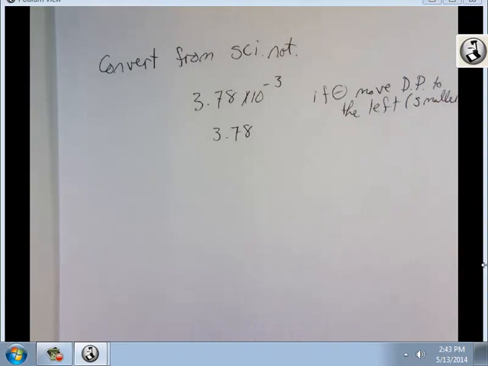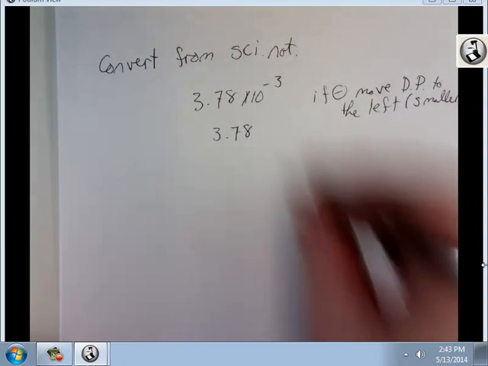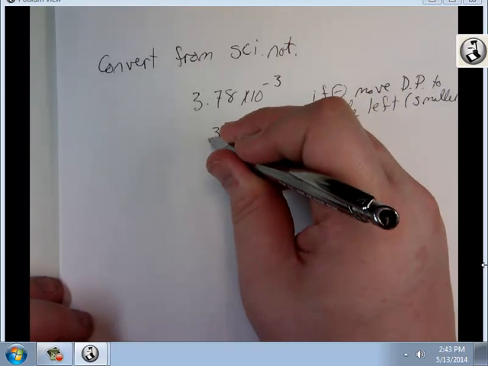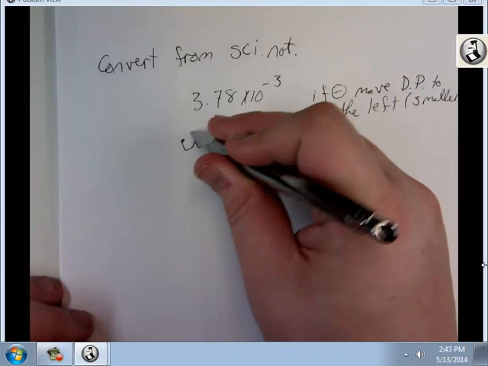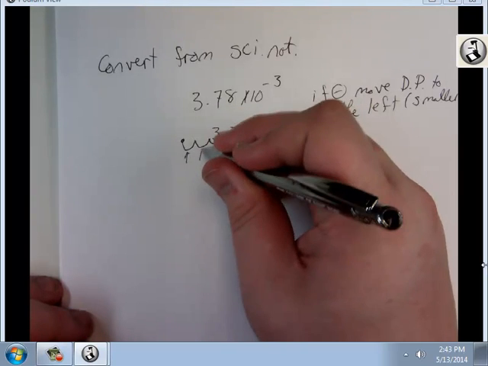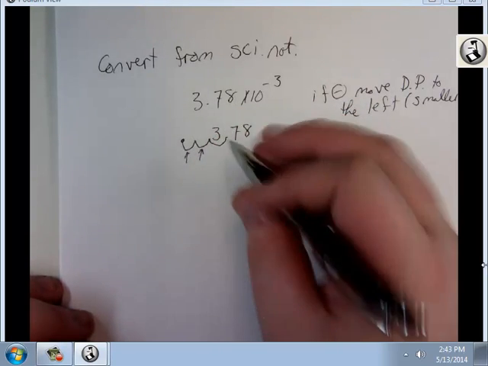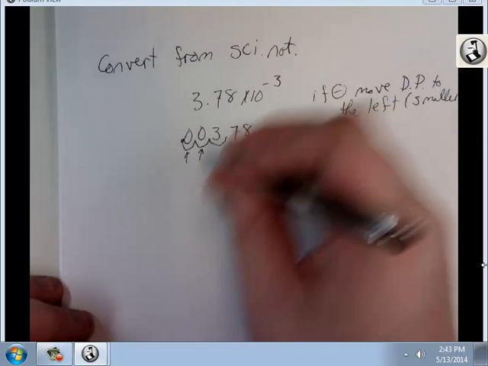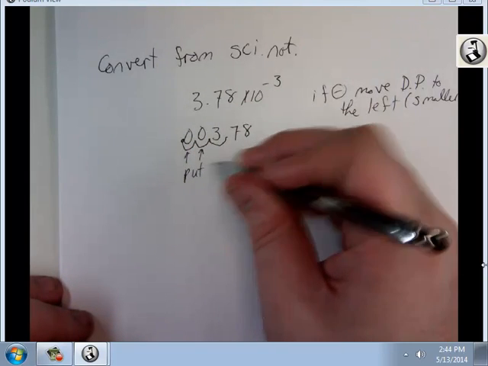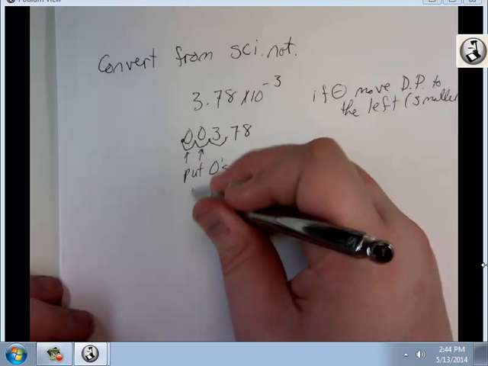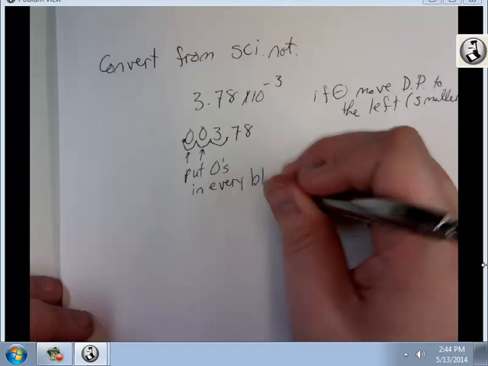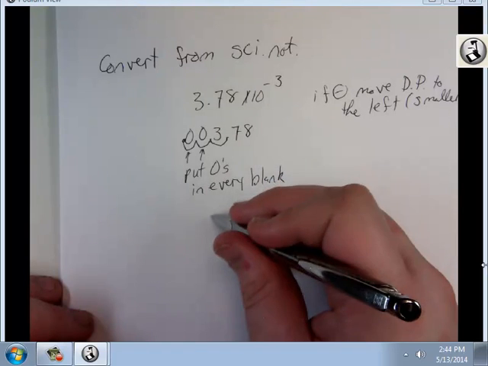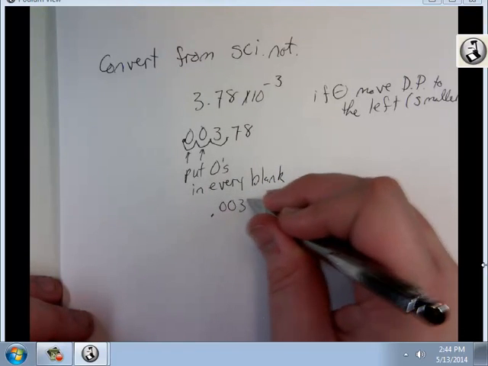I'm going to move to the left 3 times. 1, 2, 3. See how I have blank spaces here? I'm going to put zeros in every blank. So 0.00378 is my answer.